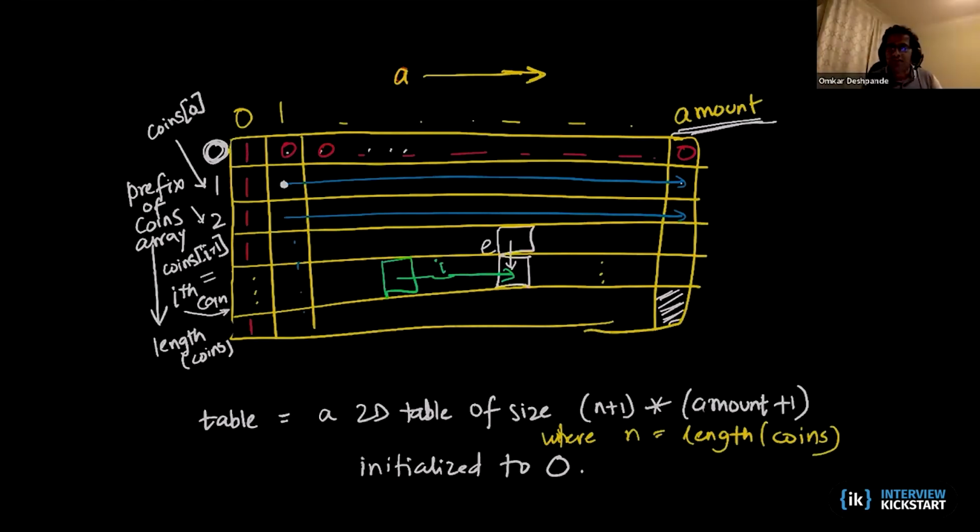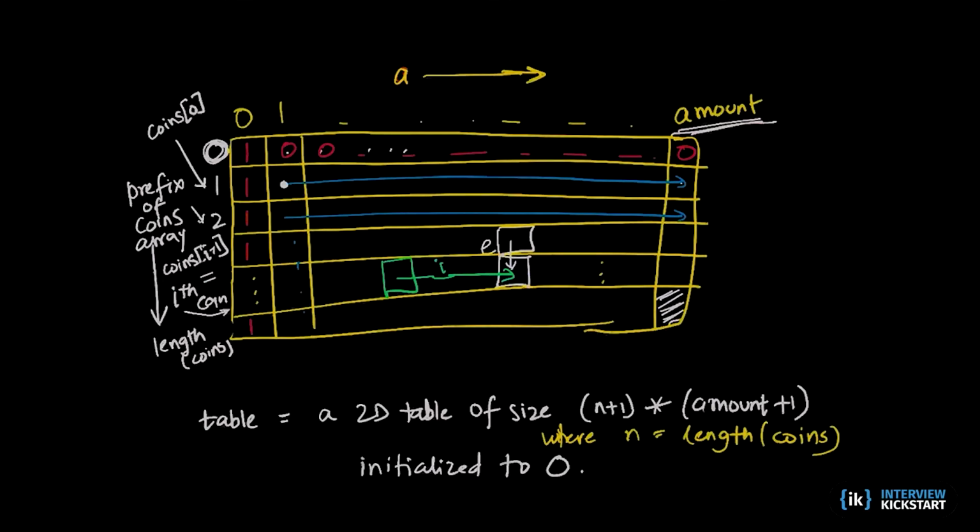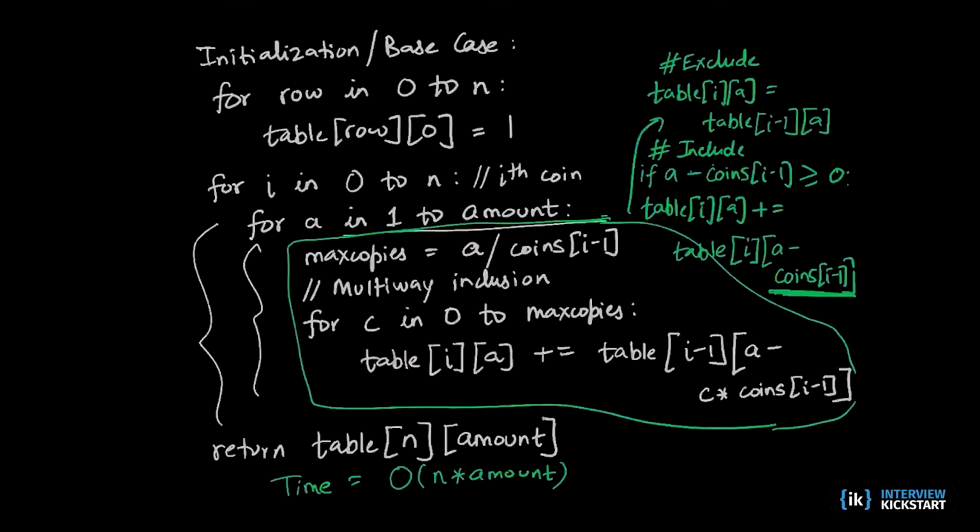Pratik? Okay, I just had one question. For the solution which you highlighted in green, are we still using the base case for 0 coins?